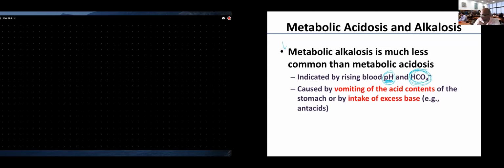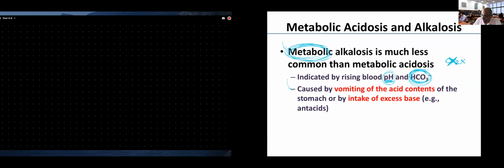If I'm looking at the carbon dioxide levels, they will not be affected in this diagnosis. Why? Because again, the reason is not related to my breathing. I have normal carbon dioxide levels. It's a metabolic disease.